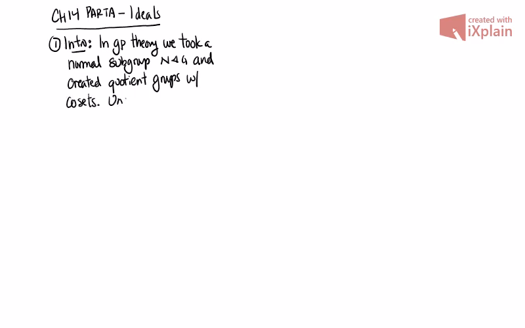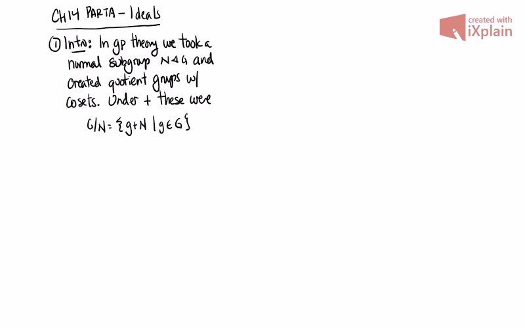And under addition, these cosets look like the following. This was G mod N. This was the set of g plus N for g in G. I want to mention the addition notation specifically because that's what will come up here, right? And so this is what we did.